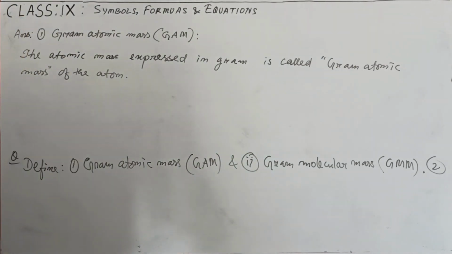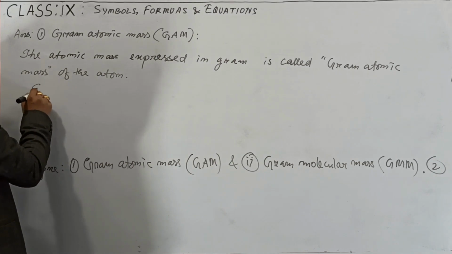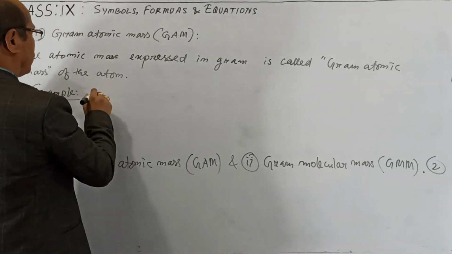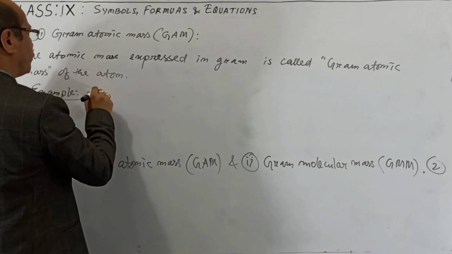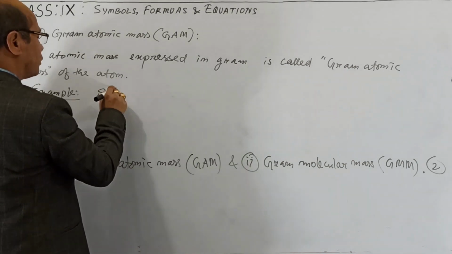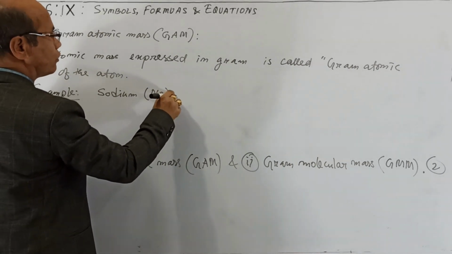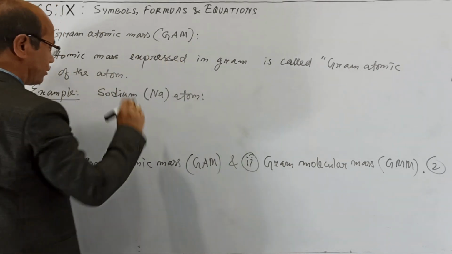So gram atomic mass is also something like atomic mass, but it should be expressed only in grams. So now let us see an example. Let us take an atom, sodium. The sodium symbol is Na, sodium atom. Let us take.